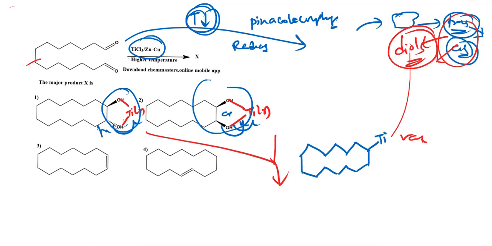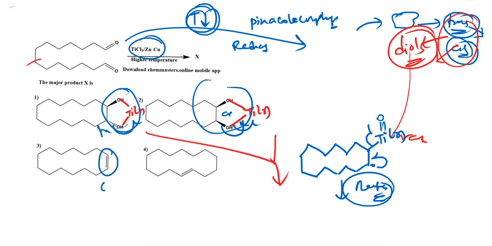Here titanium, ligand, here is the oxygen, and here is the radical. In the next step, the cleavage takes place and produces alkene under reflux. So we are going to produce alkenes, one cis and one trans, but trans is the major product. So the fourth option is the correct answer for the given problem.